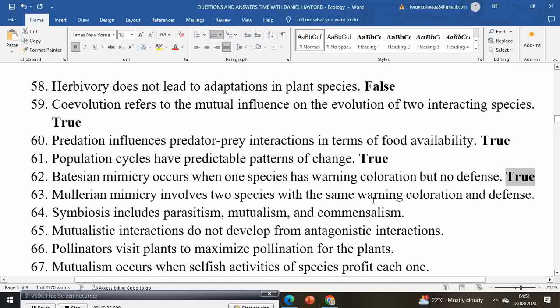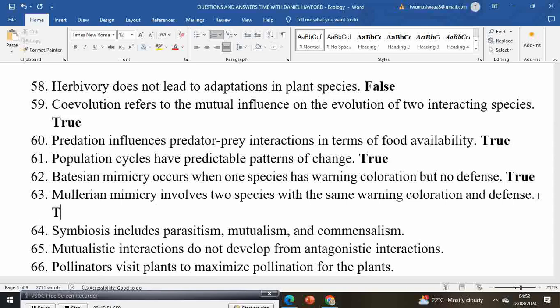Question number 63. Mullerian mimicry involves two species with the same warning coloration and defense. What is your answer for number 63? It is true.